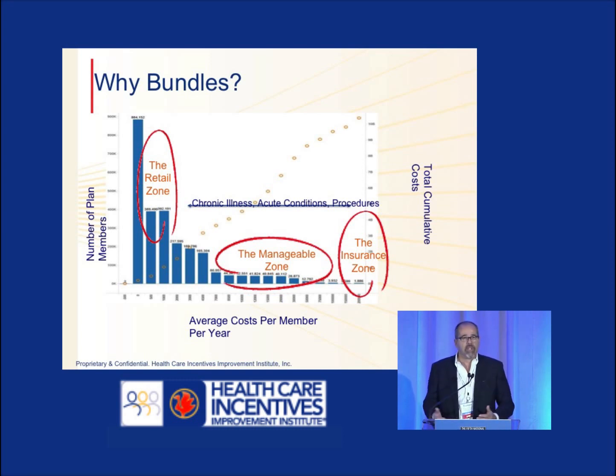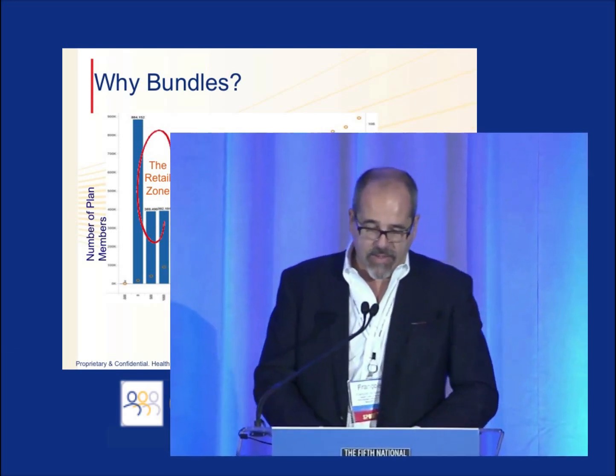Chronic illness, routine procedures, large amounts of spend that collectively represent about 2/3, roughly, of what a commercial payer might spend during the course of a year. And the reason we call this the manageable zone is because that's the zone within which we know physicians who take a different approach at managing patients and who are paid differently than in the fee-for-service world actually are able to compress quite significantly the cost of care and improve the quality as well.